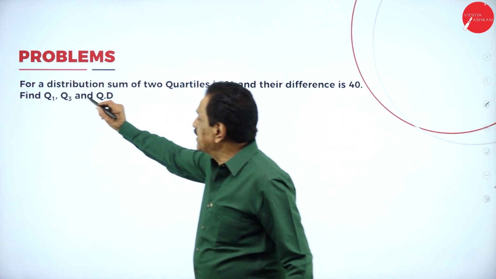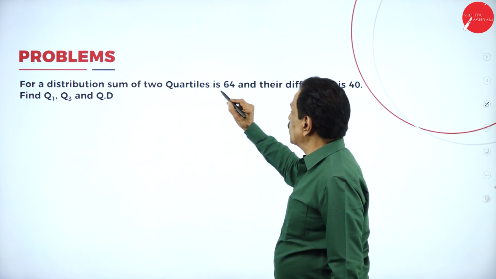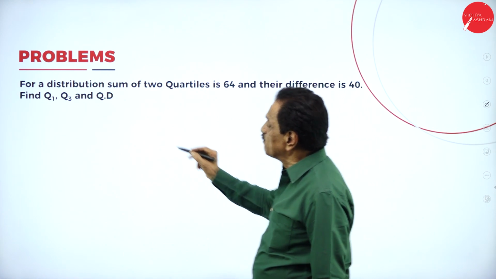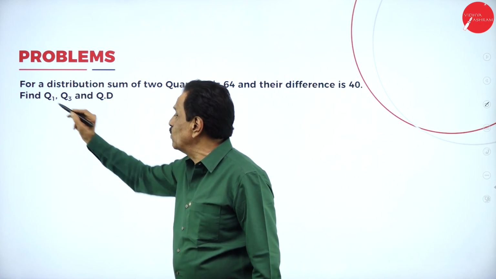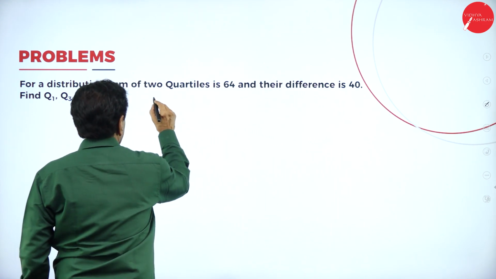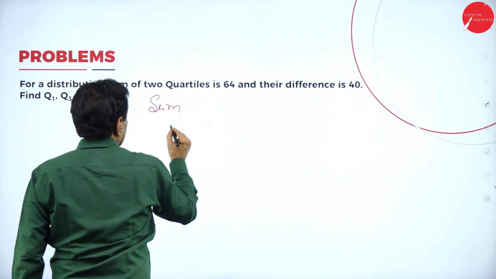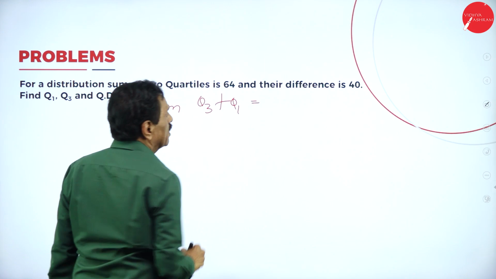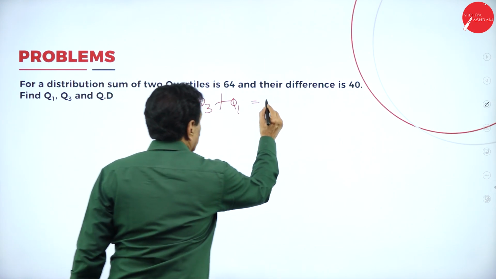See that for a distribution, the sum of the two quartiles is 64 and their difference is 40. Sum of the quartiles means Q3 plus Q1 is equal to 64.